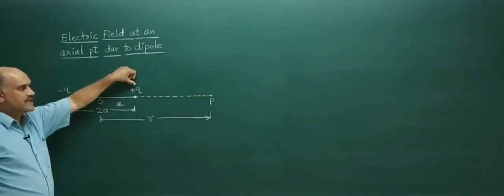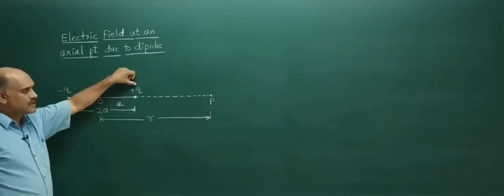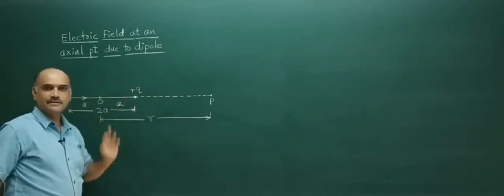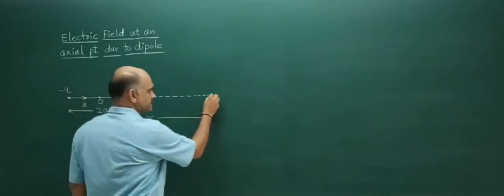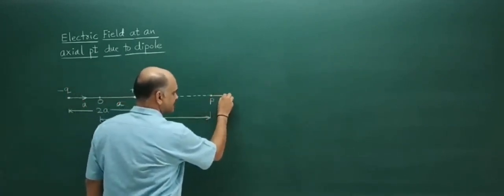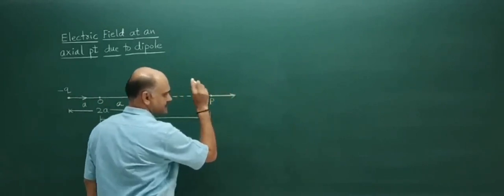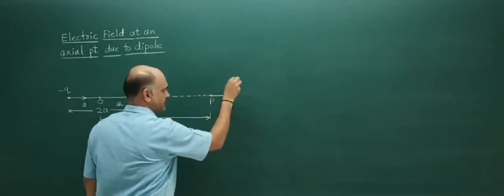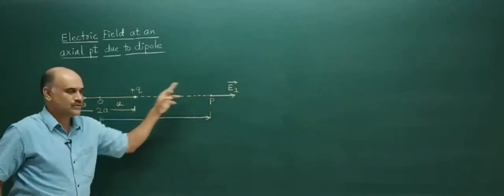Now first, if I take this plus q, it is a positive charge, so its electric field will be directed away from positive. So let E1 be the electric field due to plus q. E1 is directed in this direction.